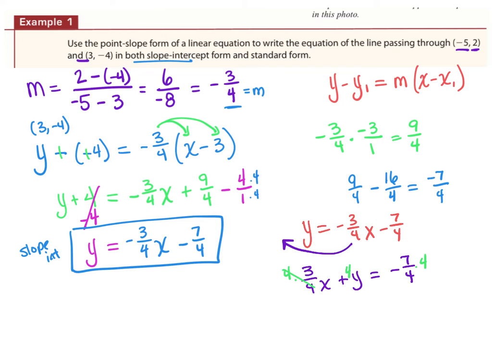So here, my 4's cancel. I get 3x. 4 times y gives me 4y. And my denominators cancel here, equals -7. So that is the standard form of this equation.